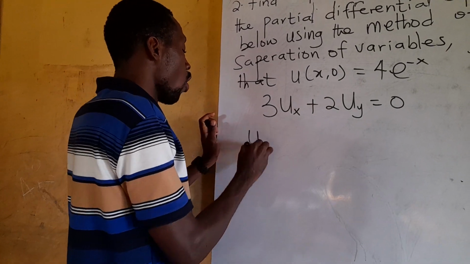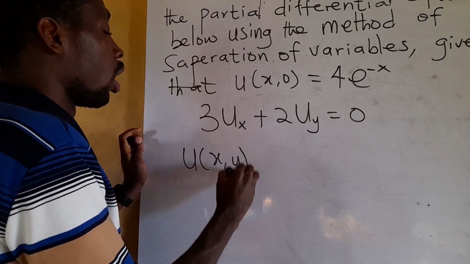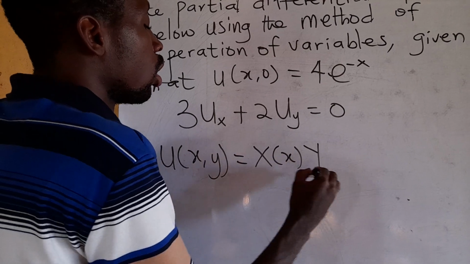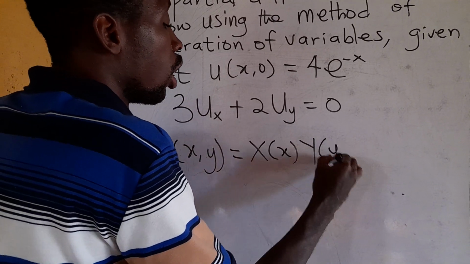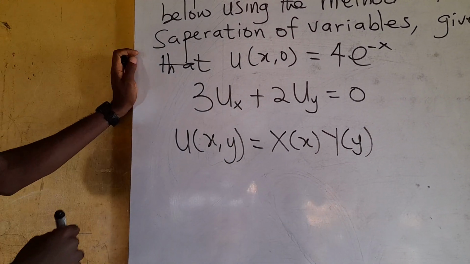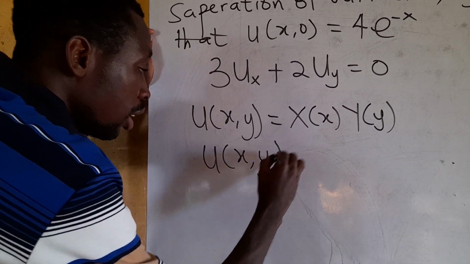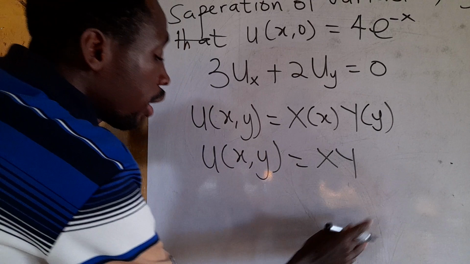So you can say u of x, y is equal to X(x) times Y(y), a function of x and a function of y.